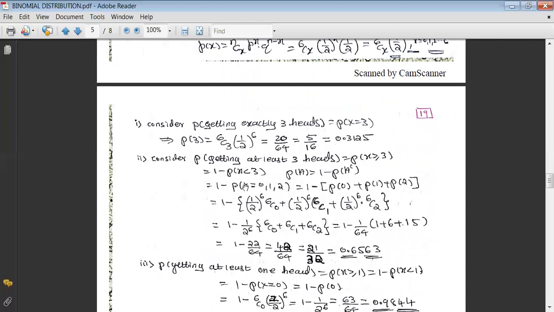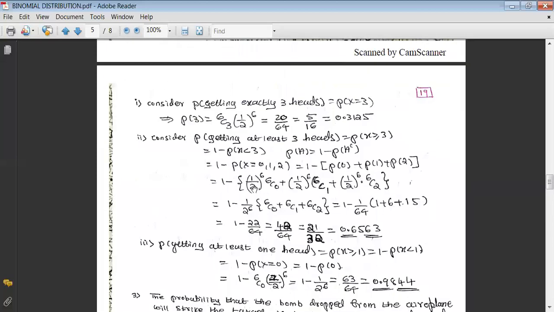That gives 1 minus [P(0) plus P(1) plus P(2)]. Taking x equals 0, 1, 2, P(0) is 6c0 times 1 by 2 raised to 6, P(1) is 1 by 2 raised to 6 times 6c1, plus 1 by 2 raised to 6 times 6c2.